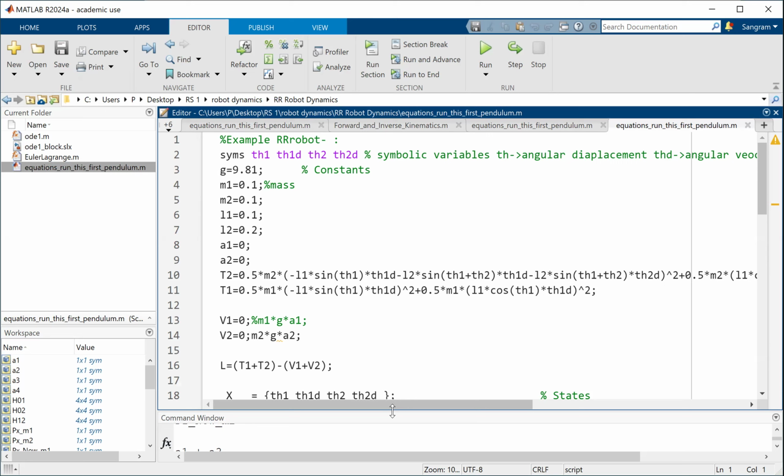So L1 and L2, A1, A2, I assign them to be 0. And then you can actually specify some value of A1, A2, that doesn't matter.